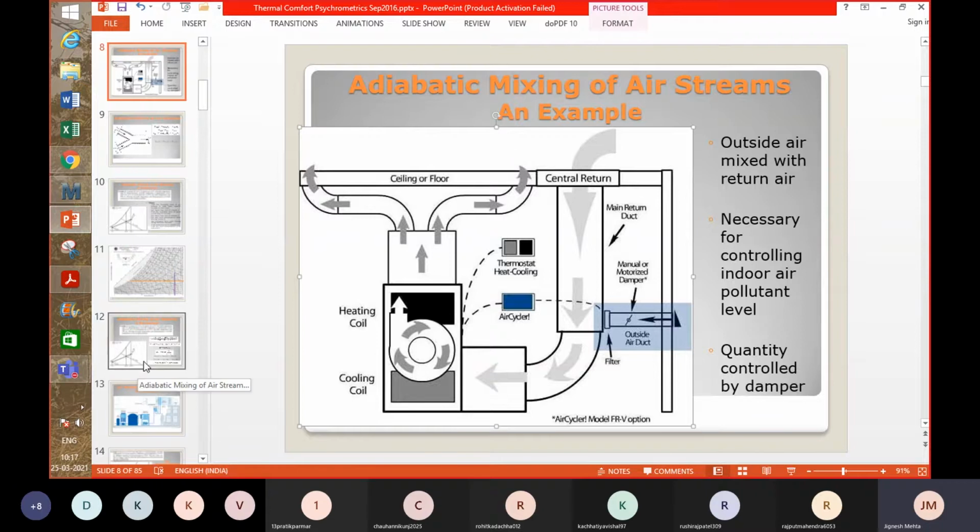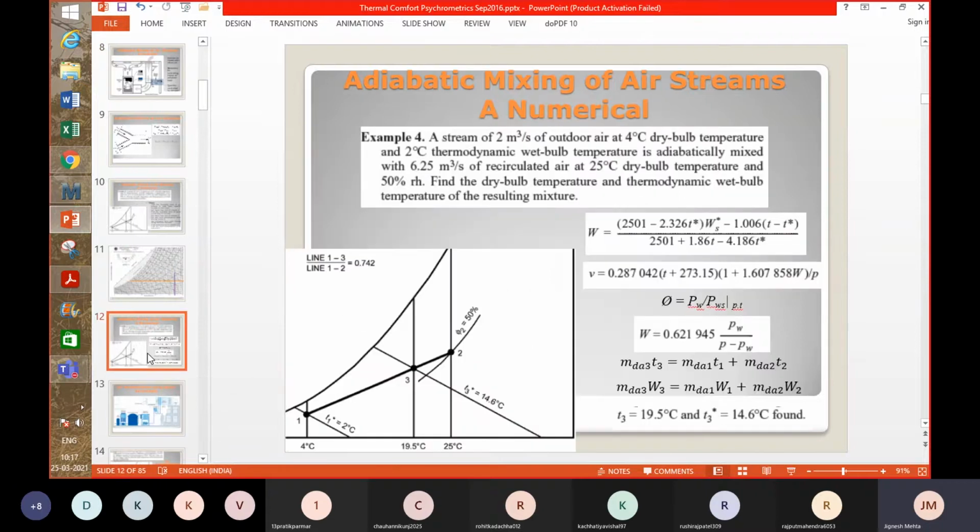Okay, so let's take an example on adiabatic mixing, because we are interested to know the state after mixing. You can read this example.